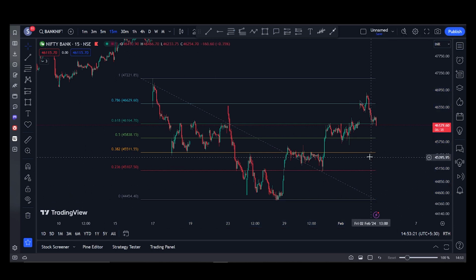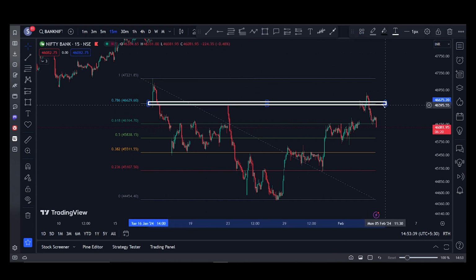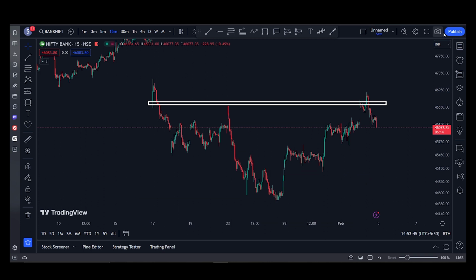Here we can see that the asset opened around the 78.6% level. Many retailers think this is an important level just because at this point the asset showed a bearish momentum, so this zone will become a resistance zone, and many retailers will get trapped thinking that this is going to be a bearish move.